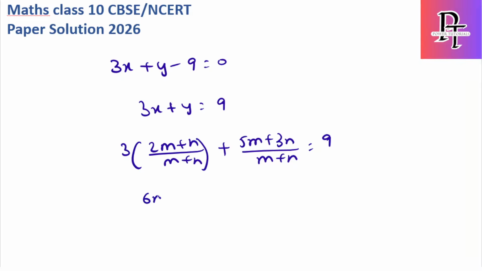So this becomes 6m plus 3n plus 5m plus 3n is equal to, multiplying the denominator to the other side, 9m plus 9n.